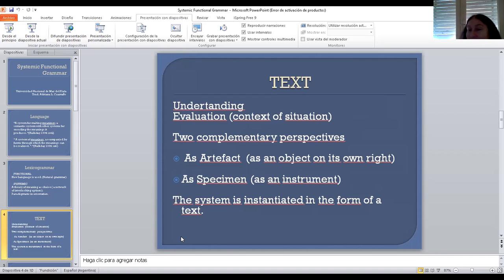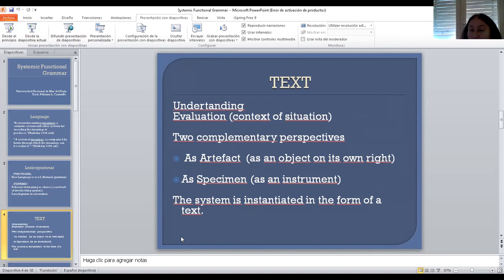The text is studied following two complementary perspectives. What does it mean? Remember this question of what is it we study? And we may go back to Saussure, okay? Is it langue or parole? Well, here, systemic functional grammar's explanation is that we study the text from two perspectives: as an artifact, as a specimen.